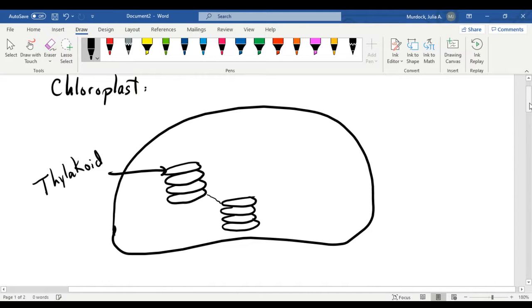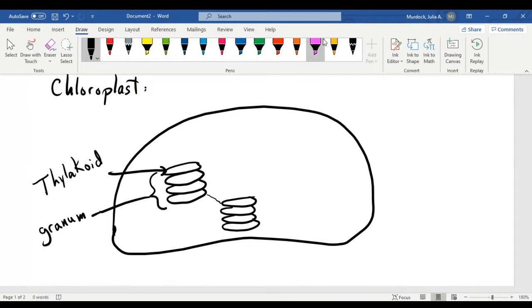And a whole stack is actually called a granum. That's what the stack is called. And the thylakoids are where the first part of photosynthesis happens.